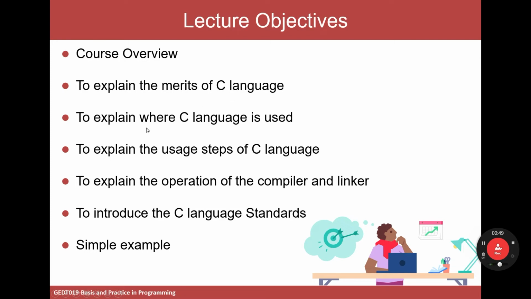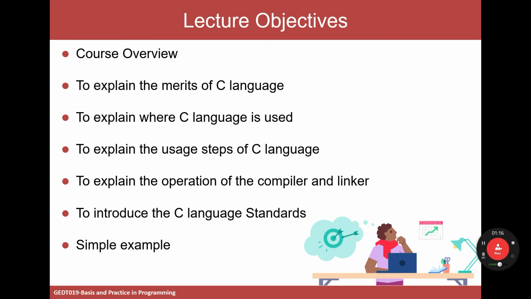And then we will try to cover other main objectives like where we use the C language and what are the steps to compile and create software in C language. And then we will see at the end of the lecture a simple example of how to write our first software using C language. So let's start.